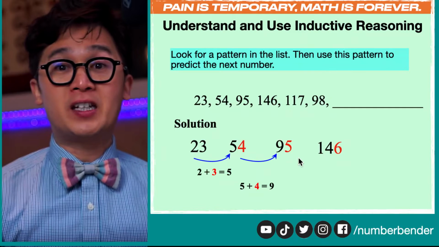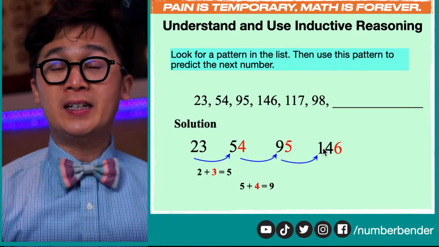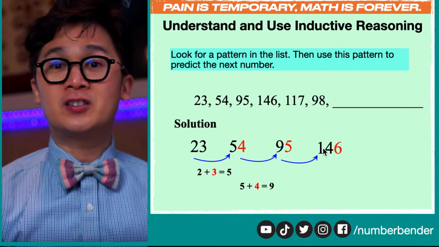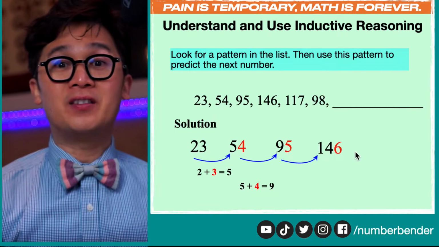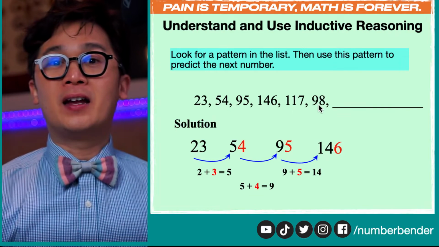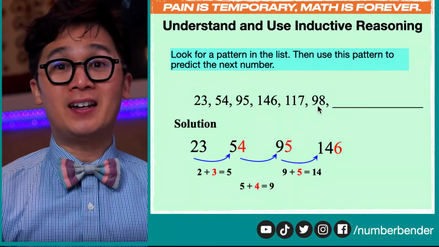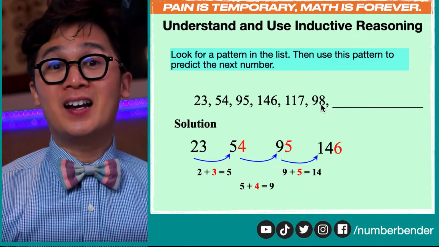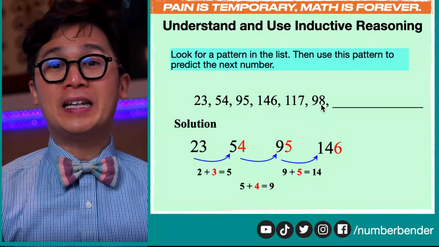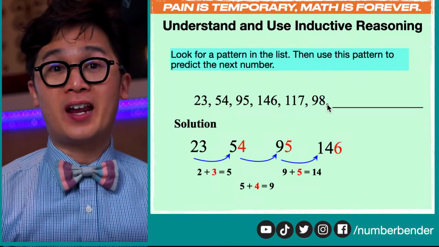And to go from 95 to 146, we know that 9 plus 5 is equal to 14, and the number after 5 is 6. Which means if we have 98 right here, what we need to do is simply add 9 and 8, and then the next digit would be 9 because that's the number after 8.